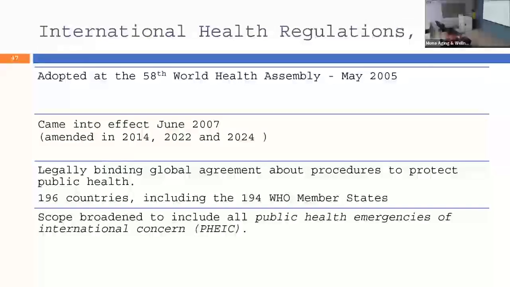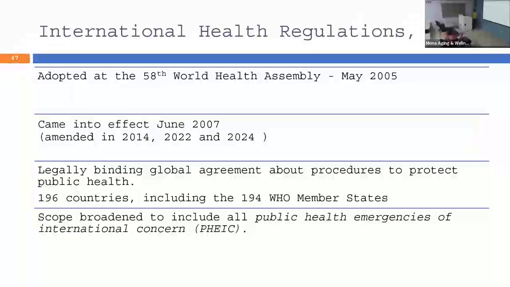Those would be public health emergencies of international concern, and it requires that the advisory committee at WHO look at all the factors surrounding the incident and make that determination, then advise the Director General.